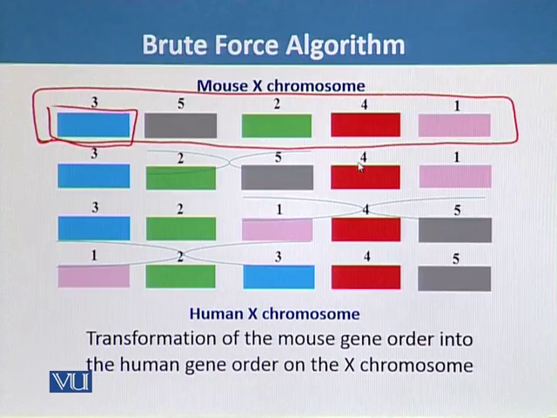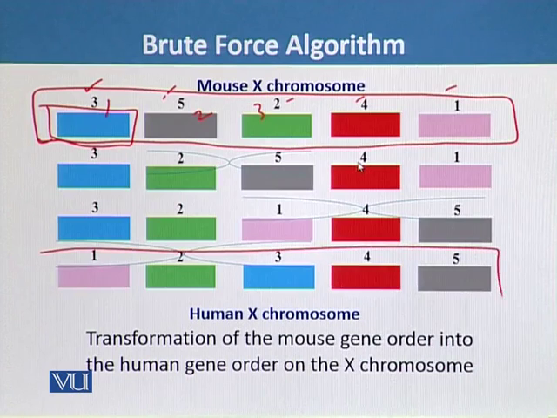This is one piece, and we cut it into large pieces, and each large piece is called a synteny. So this is synteny 1, synteny 2, 3, and so on. We can see the order of the mouse genome: synteny 3 is placed first, then 5, 2, 4, and 1.